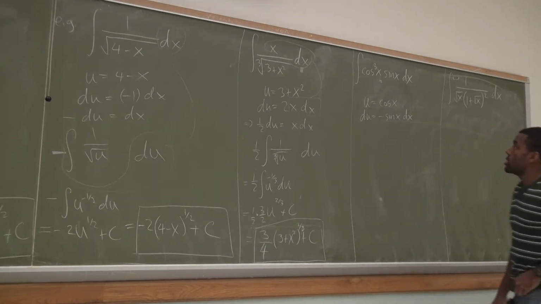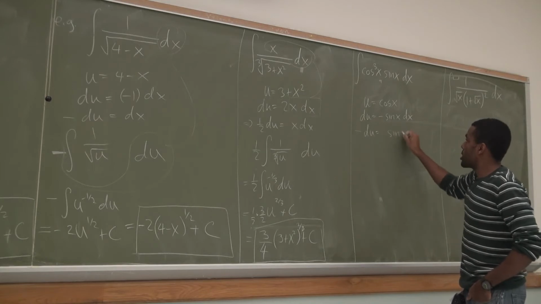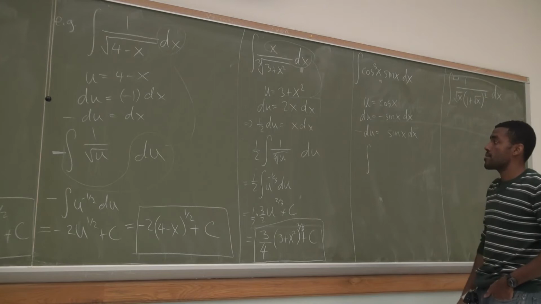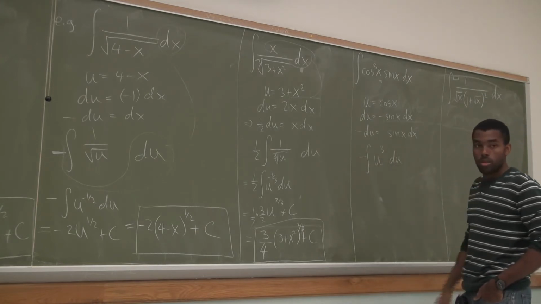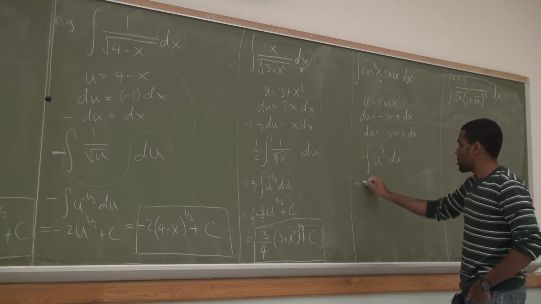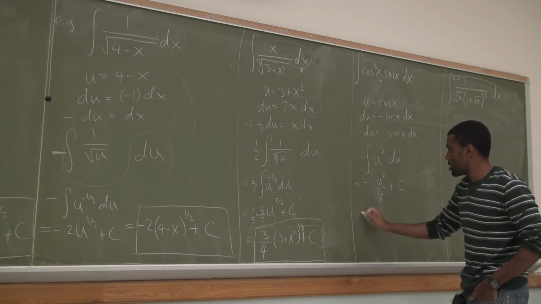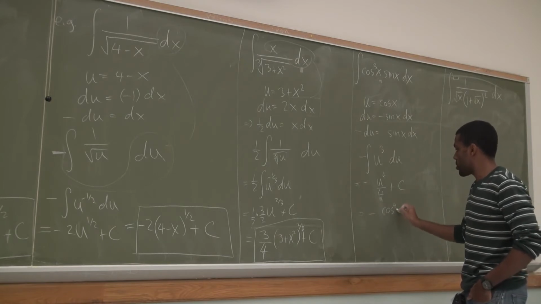So this means minus du would replace our sine x dx. So what is our integral now? Minus u to the third du. This is u to the fourth over 4 plus c, which is minus cosine to the fourth x over 4 plus c.